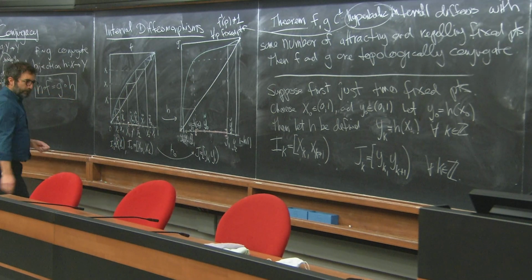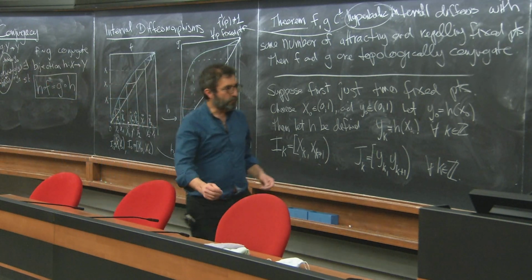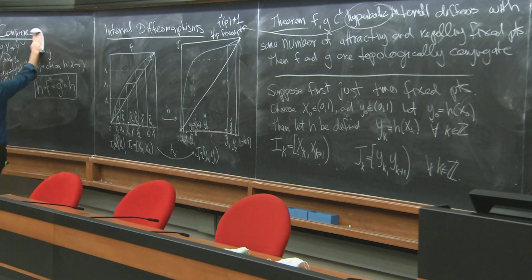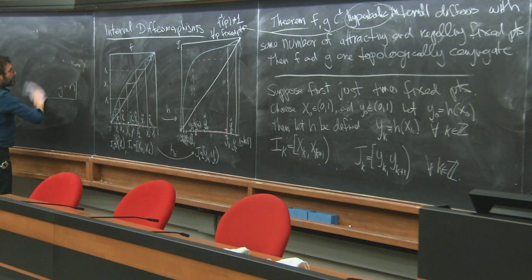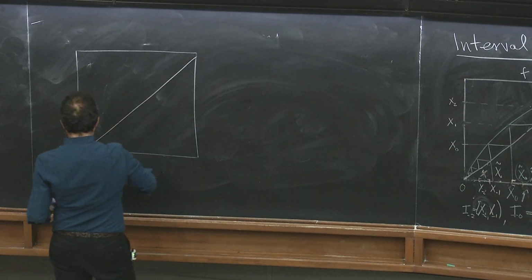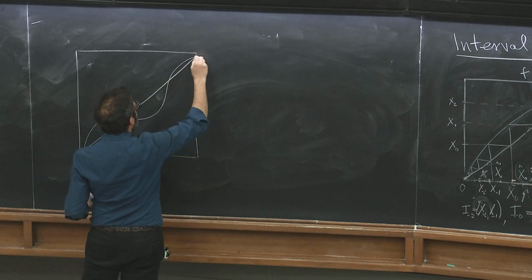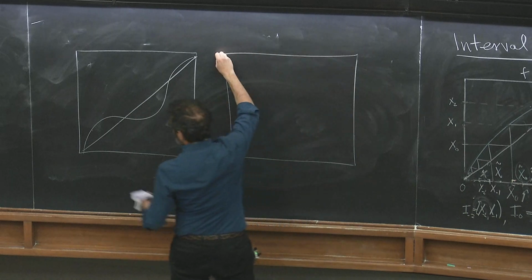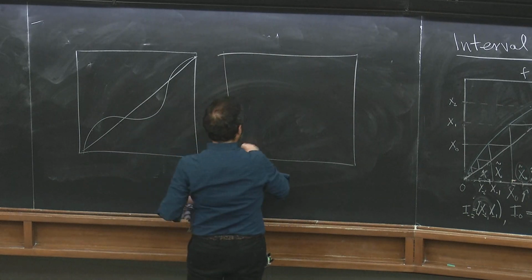So if you have a hyperbolic fixed point, two hyperbolic maps with several fixed points. So if you have two maps, okay, this has 4 fixed points, 1, 2, 3, 4.